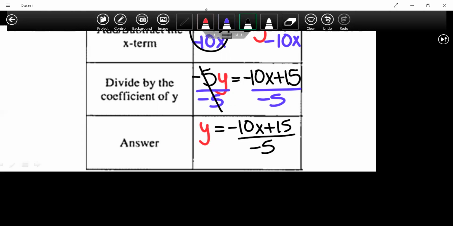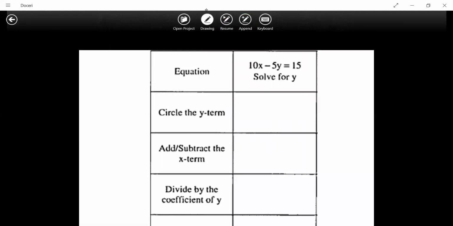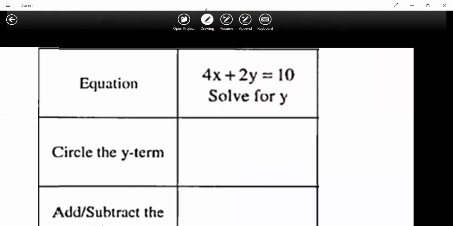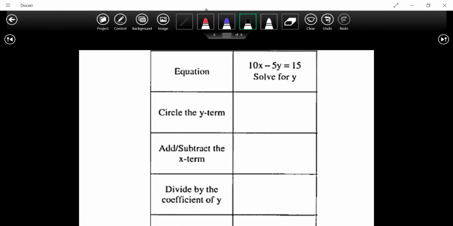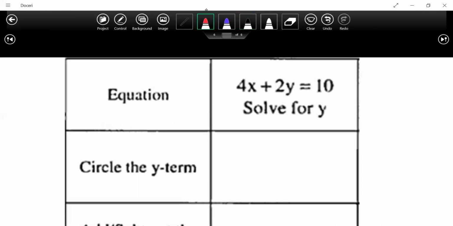Okay. One more example. Here we go. Copy that one down. That same chart right next to it, 4x plus 2y is equal to 10. I'm going to jump right into it. I'm going to get y for my variable.